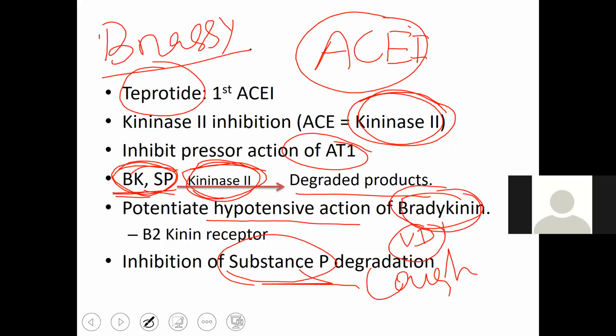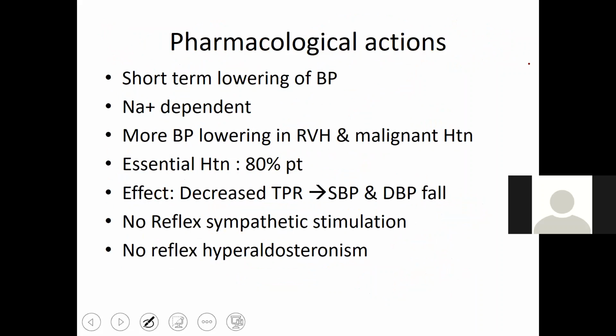Other side effects like angioedema and urticaria, that is itching, happen because of substance P and bradykinin accumulation: edema of the face and neck, angioedema. So what are the pharmacological actions of these ACE inhibitors?